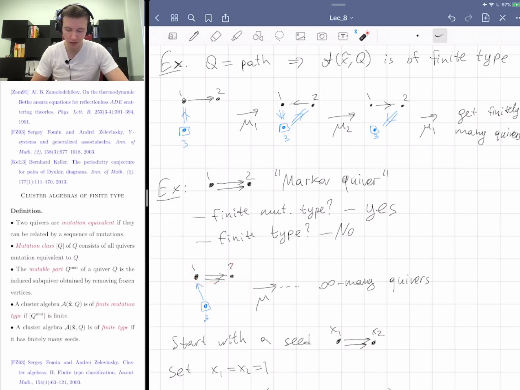So by definition, the corresponding cluster algebra is of finite mutation type, but it is not of finite type because it has infinitely many seeds.